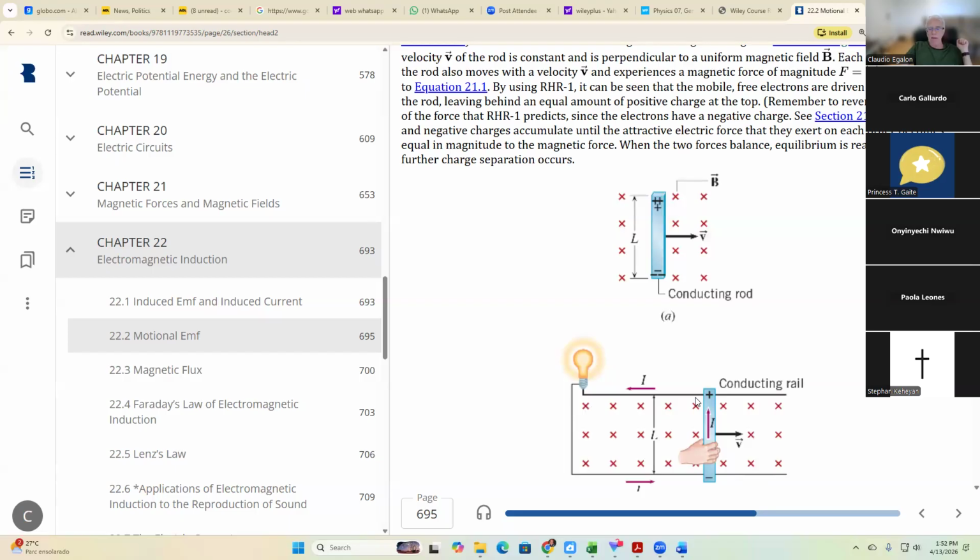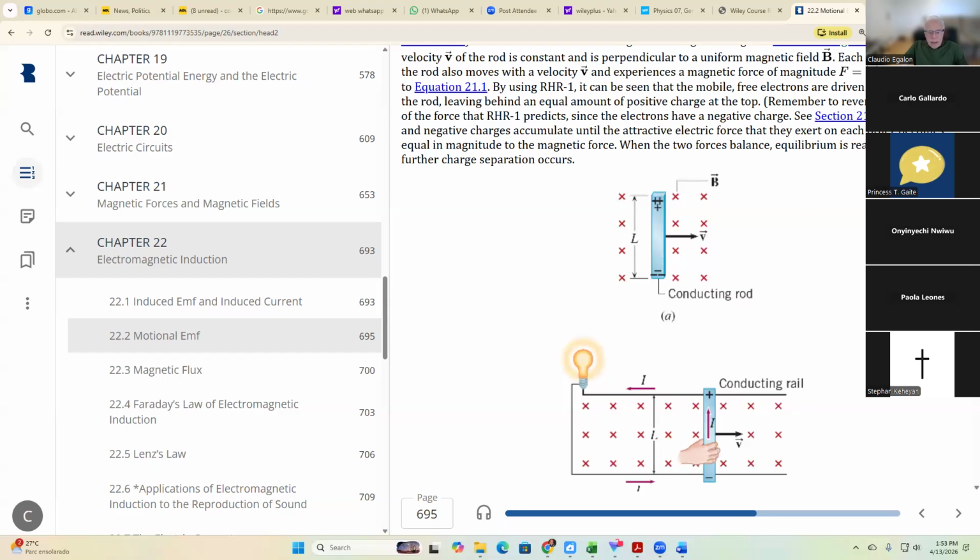Because you're increasing the magnetic flux, the current must flow in a direction that is going to oppose the change in the magnetic flux. Do the right hand rule.